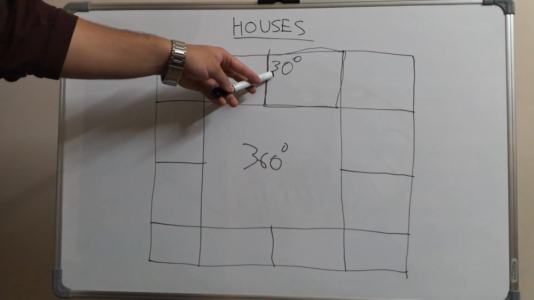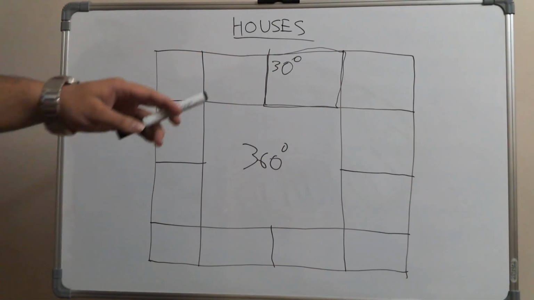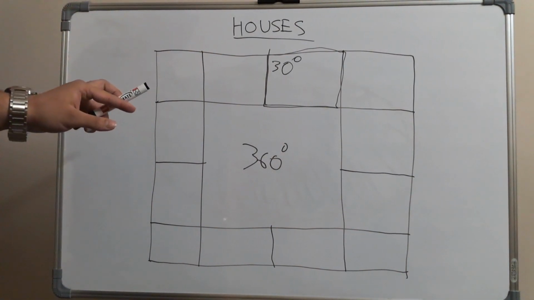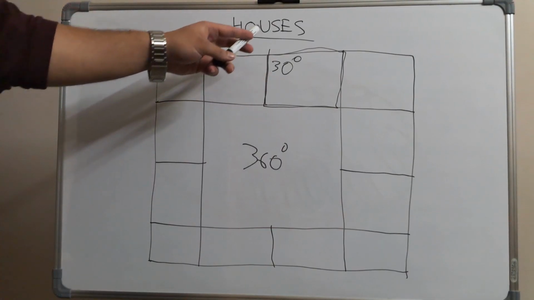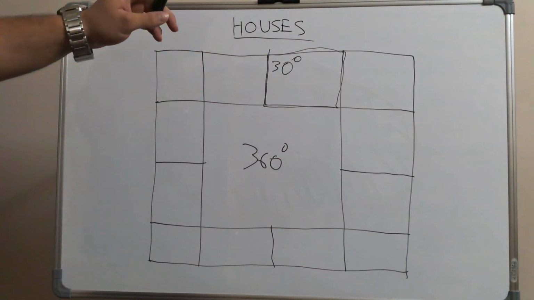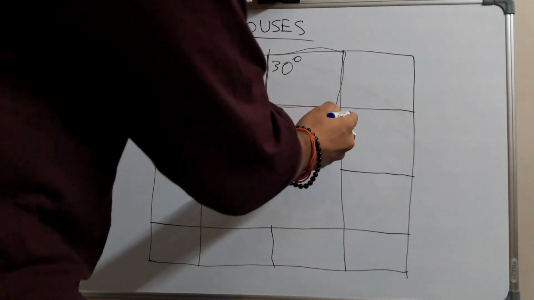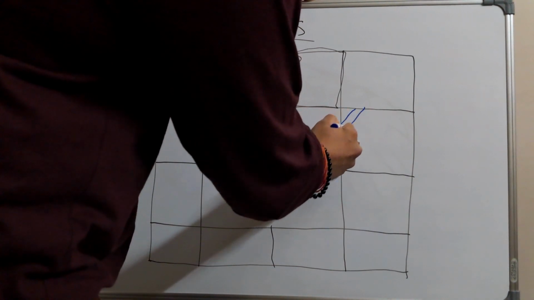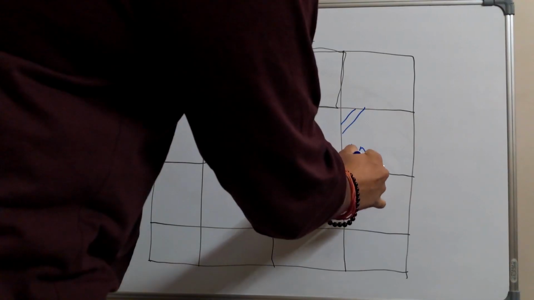So the degrees of each Rashi are fixed. This doesn't change, and Rashis don't change. Rashis and these degrees are fixed. Let's say in this chart, this is the ascendant or Lagna.